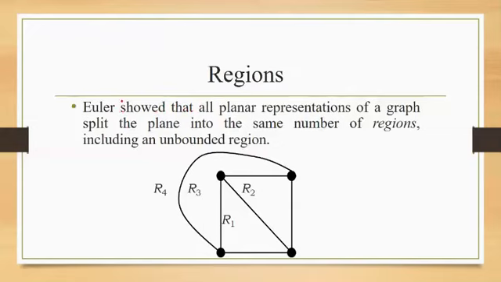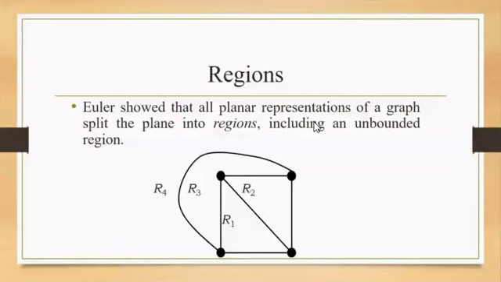So basically, if you remember Leonhard Euler gave the Euler path and Euler circuits for our Königsberg problem. Here also, Euler showed that all planar representations of a graph split the plane into the same number of regions, including an unbounded region.